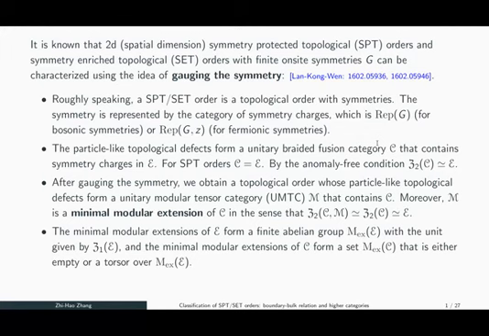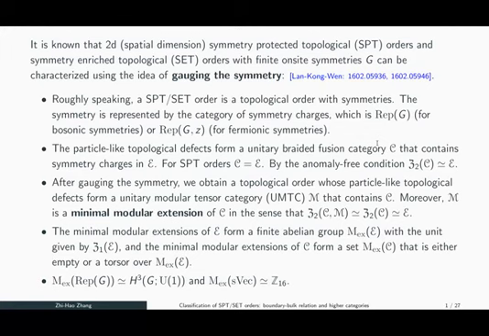And for a general braided fusion category C, the minimal modular extensions form a set that is either empty or a torsor over the group of minimal modular extensions of E. For example, when E is Rep G, the minimal modular extensions form a group which is isomorphic to the group cohomology H^3. And when E is sVec, the category of super vector spaces, the minimal modular extensions form a cyclic group of order 16.